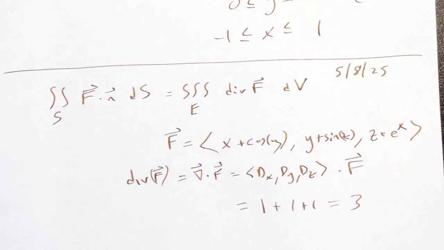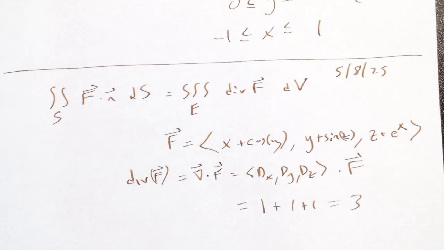Flow in or out from a point. So if I'm standing at a point and my divergence here is positive, it's telling me that stuff is going away. If my divergence is negative, it tells me stuff is coming in. If my divergence is zero, it tells me stuff is going through, in on one side, out on the other, equally.